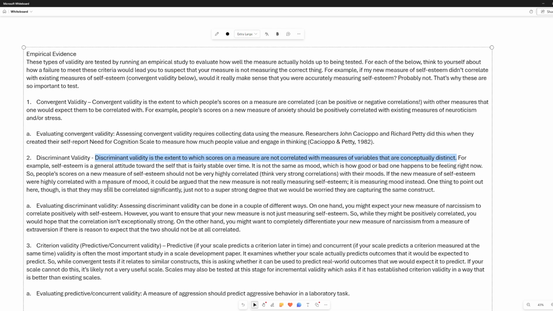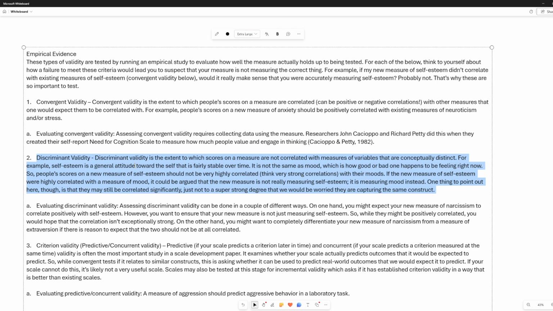And so you would want to make sure that if you created a new measure of self-esteem, that it correlates with existing measures of self-esteem, but that it doesn't necessarily correlate to a super high level with narcissism, because these are two distinct constructs. You want to make sure that you can differentiate your new measure from that.